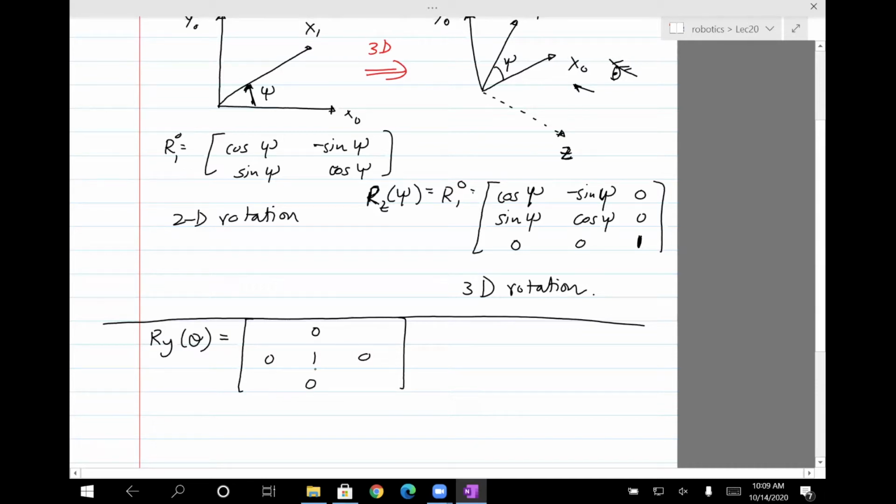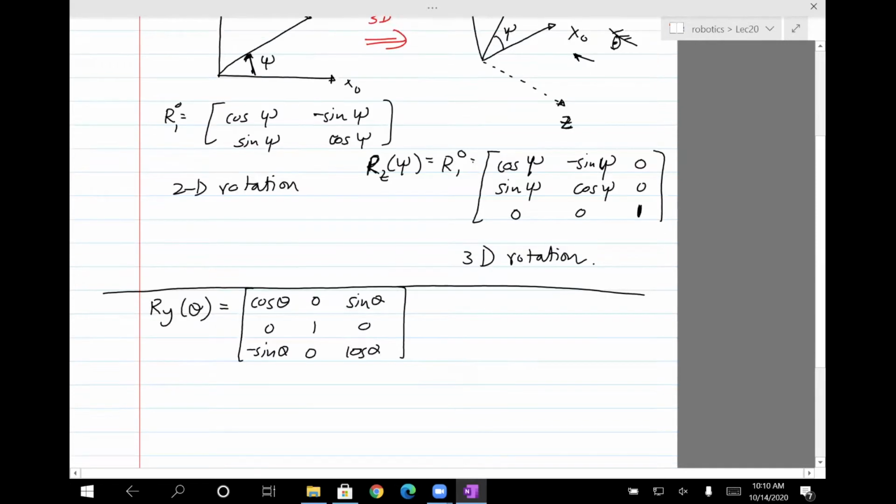And then the remaining parts would have the same type of formula which we had for 2-dimensional rotation: cosine theta, sine theta, minus sine theta, cosine theta. I hope this was clear on why exactly the 2 by 2 element was 1, because we are rotating about the y-axis.